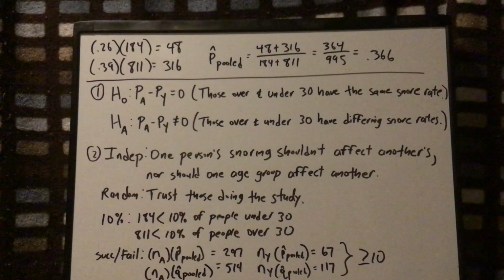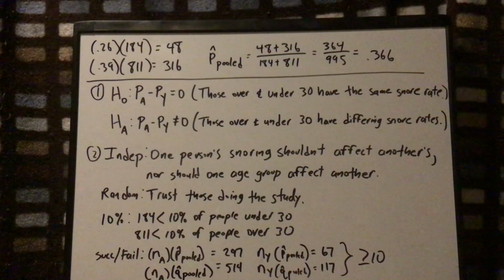So I expect 297 of the old people to be snorers and 514 not. And then of young people, I do the same thing. I expect 67 of them to be snorers and 117 not. Now, that's a little different than my sample numbers, but that's because my sample numbers are what actually happened. This p-hat pooled is assuming that everyone's under the same rate. The important thing is that all 4 of those numbers are greater than or equal to 10. So for the success-fail condition, you don't want anything under 10. They're all way bigger than 10. So all the conditions are met.